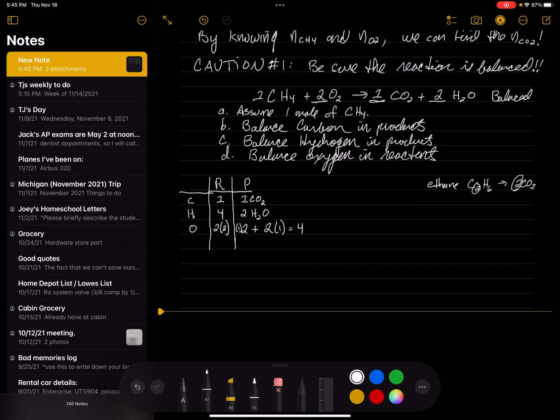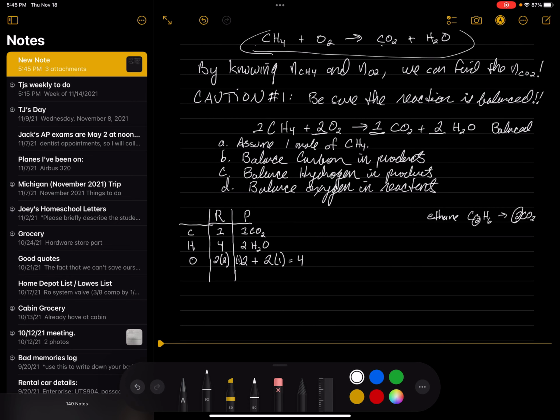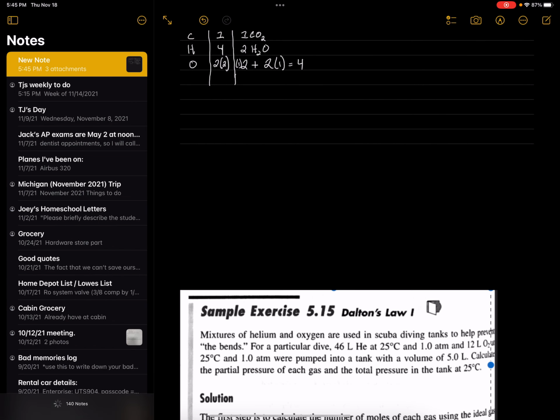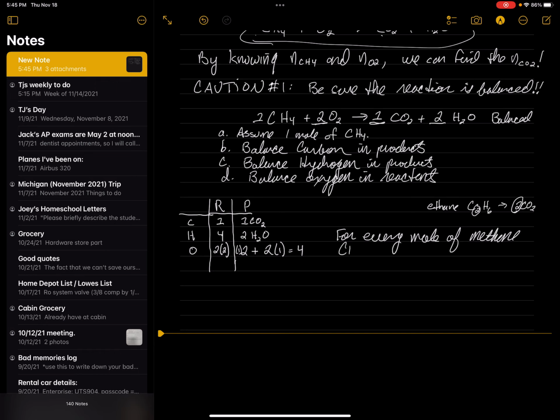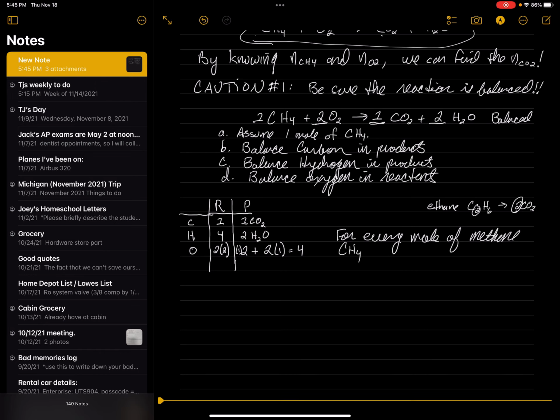And this was important because this now allows me to say that for every mole of methane reacted with oxygen gives 2 moles of CO2.